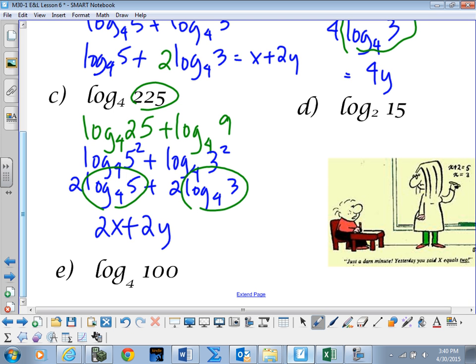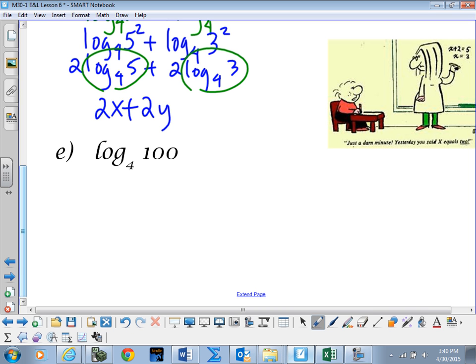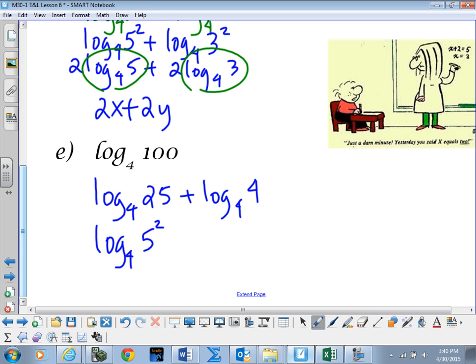Well, this looks a little more interesting. Base 2. Let's save that base 2 till the end here. What about 100? 100 is not a power of 5. It's not a power of 3. Does it have factors that are powers of 5 or 3? Well, 25 is the only power of 5 that is a factor of 100. So I can break this up using my law of logs into 25 times 4. So this is still going to work because we can change 25 into 5 squared.